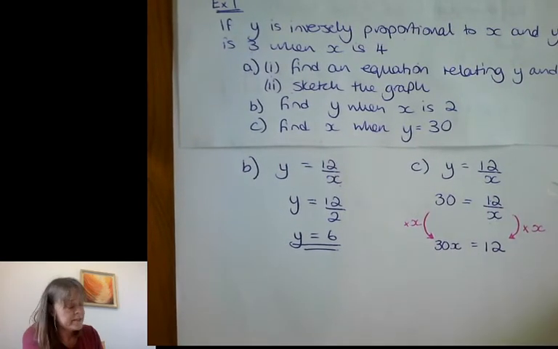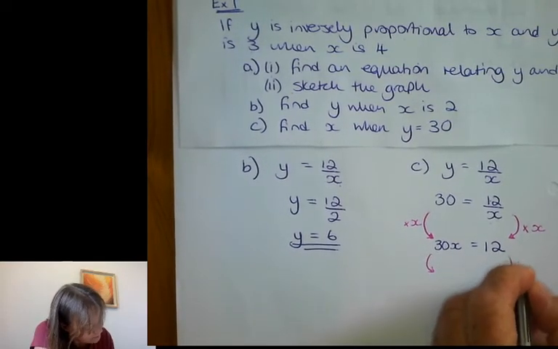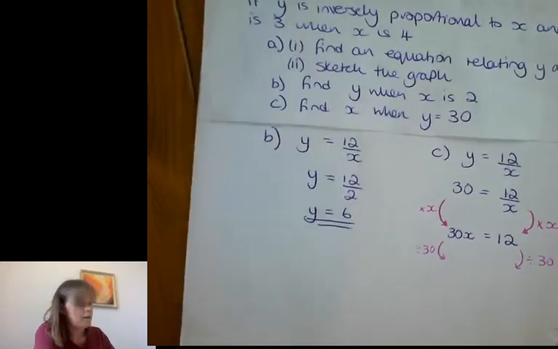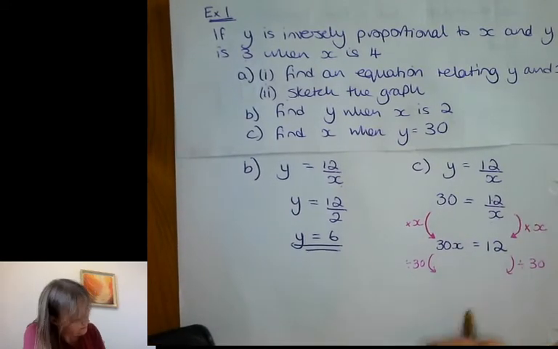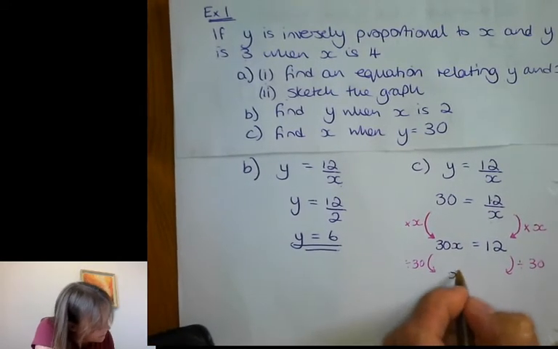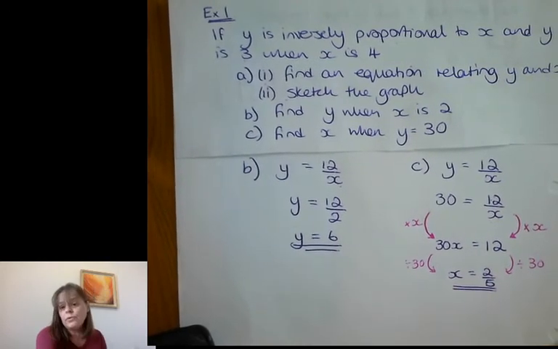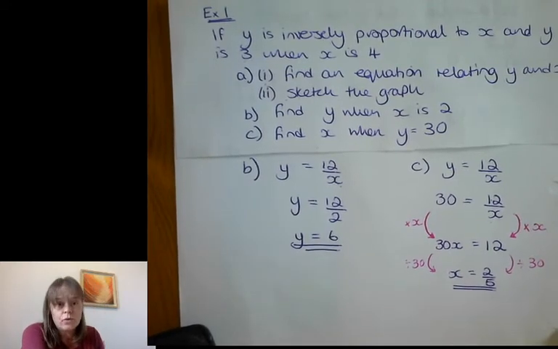I don't know what x is yet, but I'm nearly there, because now I can just divide by the 30. And if you need to, reach for a calculator, but hopefully you could maybe do that in your head. And if you can't, reach for your calculator to get x is 2/5 or 0.4, whichever you prefer. It's quite a nice number, so I can leave it as either a fraction or a decimal.